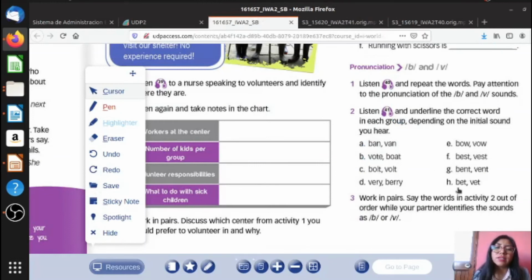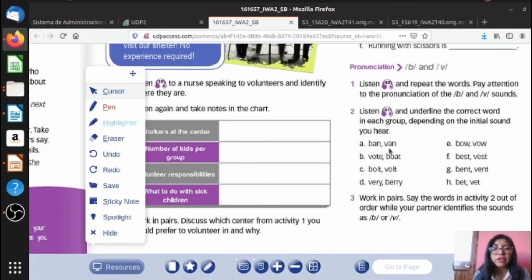Okay, so remember, students, in order to pronounce the letter B, you are going to make a sound like an explosion. Okay, for example, bolt. In order to pronounce the letter V, you are going to make a friction sound. It means you are going to use the teeth and the lower lip.